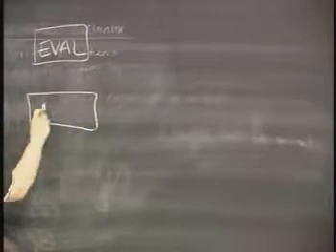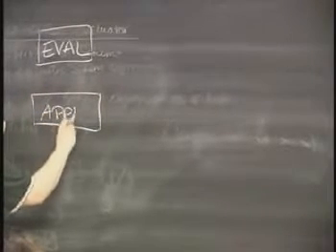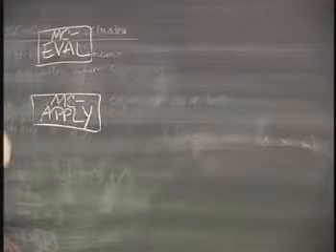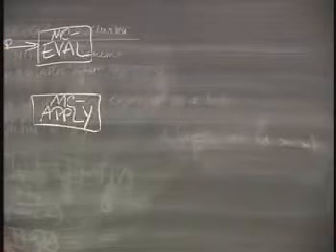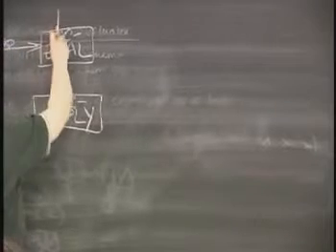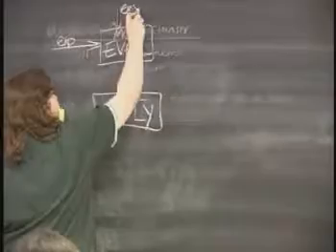We have eval, and we have apply. In our system, these will be called MC eval and MC apply, for metacircular. Metacircular eval, metacircular apply. The evaluator takes in an expression. It also takes in an environment.